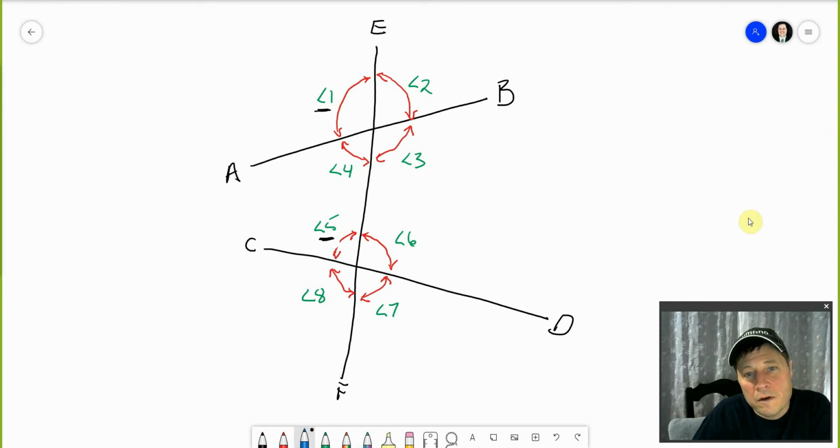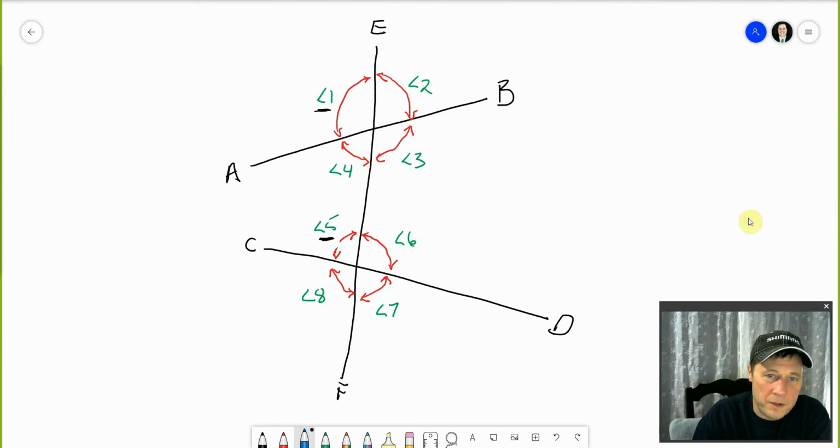Angles 4, 3, 5, and 6 are all interior. Think of it like they're sandwiched between line AB and line CD. They're on the inside, right? Angles 1 and 2 and 8 and 7 are on the outside, so they're exterior angles, right? So it's based on their location in this figure, or in whatever figure we're talking about.